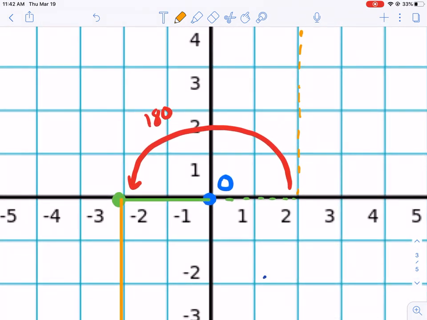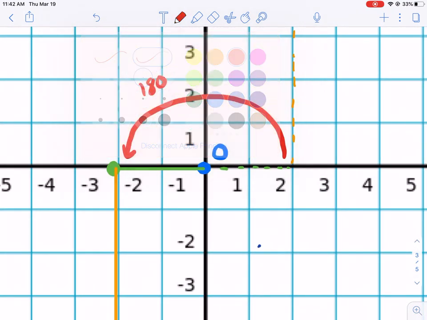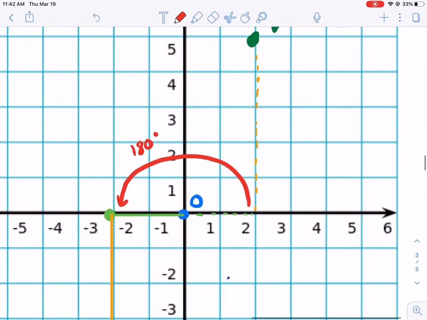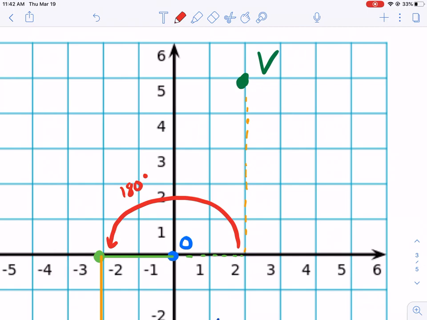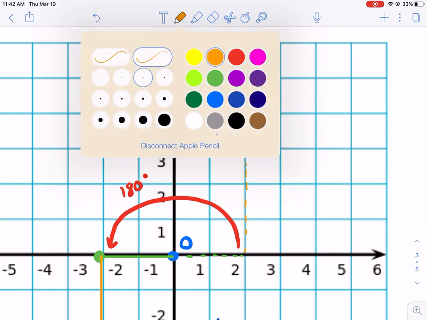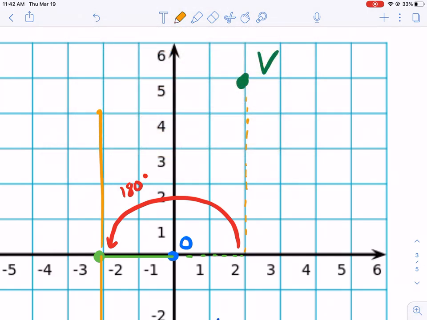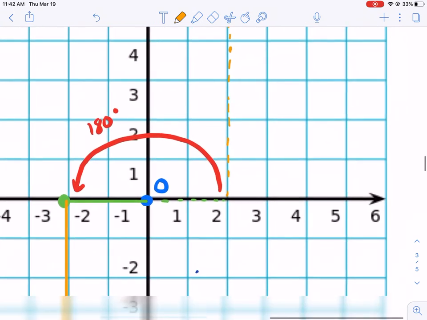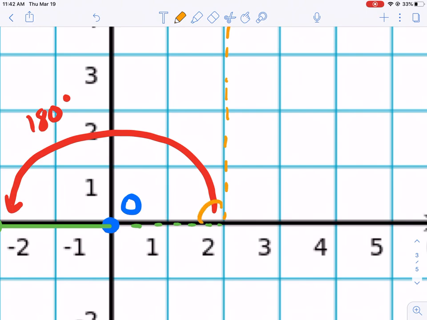Okay, so I rotate the green one 180 degrees, as you can see there, and you should know why that's 180 degrees. It's a straight angle. And now I need to make sure that it's still going in the same direction. Clearly, this wouldn't be pointing up because that would mean it would be posted on the other side. If I were to hold this vertically, it's coming out to the left of the green line.